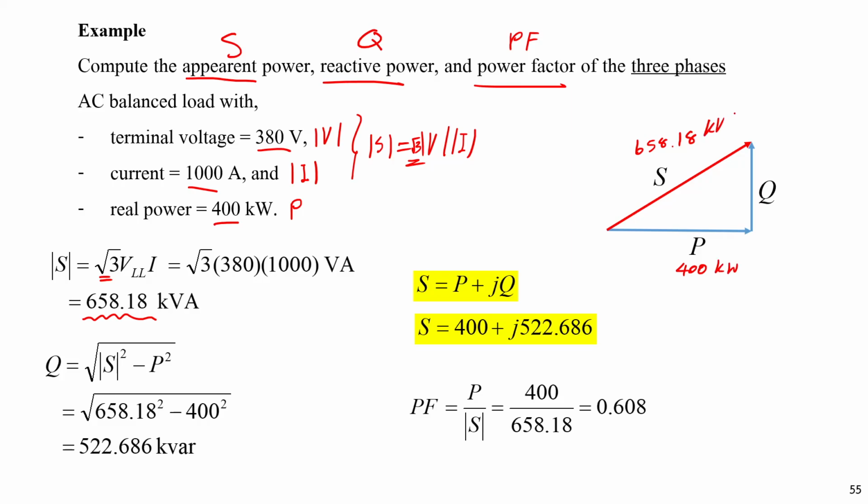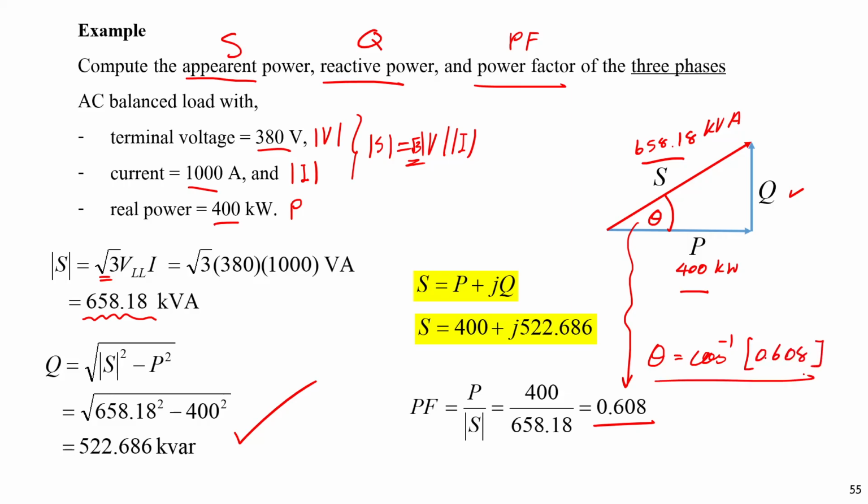So right now we can calculate Q, and also this theta value. The power factor is 400 divided by 658.18, which is 0.608. Or we can calculate theta as cos inverse of 0.608. We can have the power factor and the reactive power value of this system.